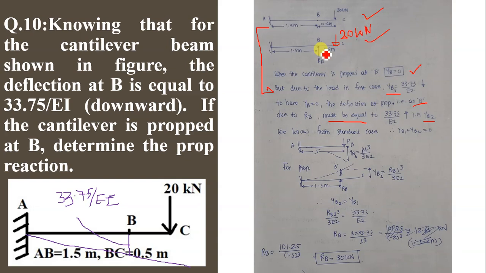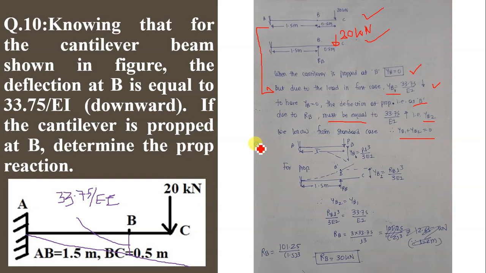Because of the prop, YB must be equal to 0. When the prop was not there, YB is equal to downward 33.75 upon EI. To have YB equal to 0, the deflection because of the prop must be in the upward direction and it must be equal to 33.75 upon EI. So YB1 plus YB2 must be equal to 0.